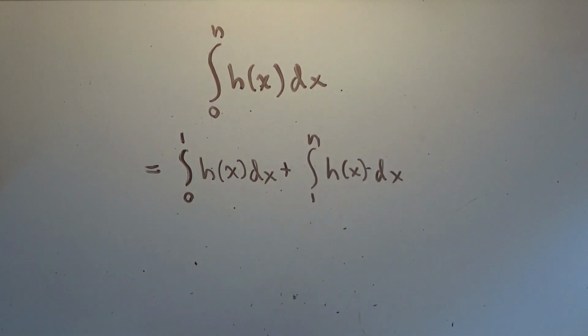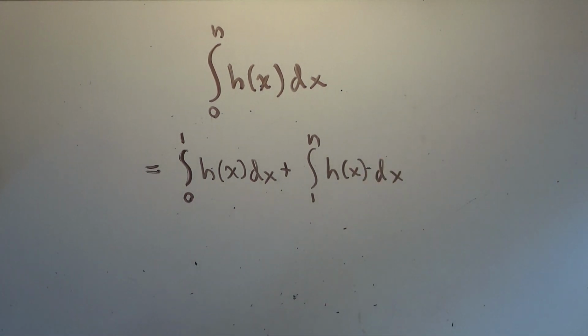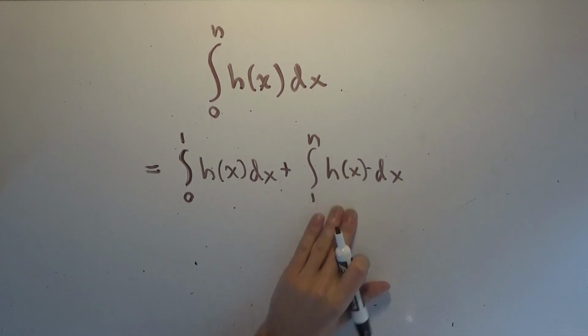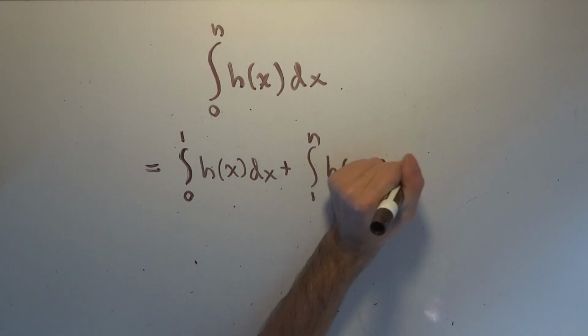And now we need to do a couple of cosmetic changes. We know that the xth harmonic number in the original definition is the previous harmonic number plus the next reciprocal, right? So we know that what this is actually equal to in here is h of x minus 1 plus 1 over x.